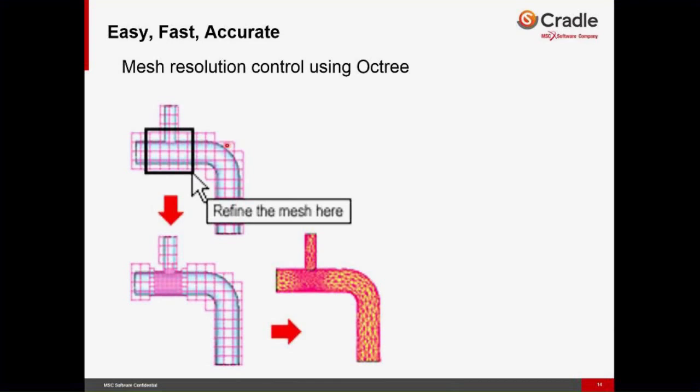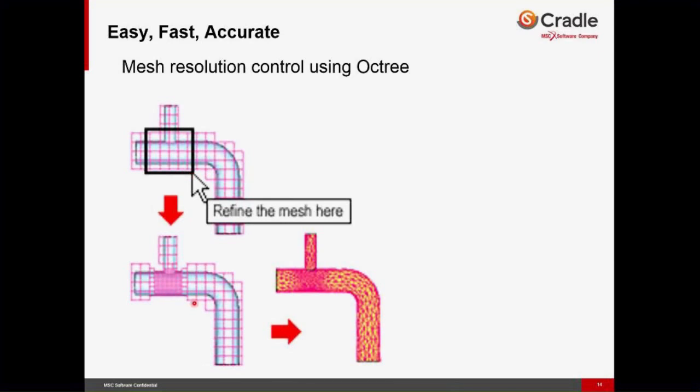So all these pink cuboids that you are seeing are called octants. The top image is showing that rubber box in black. This rubber box is used to specify the region to refine. So you choose this region by rubber box, and it's refined.